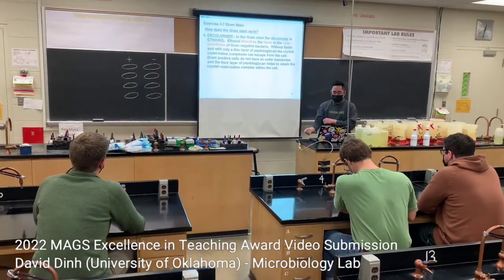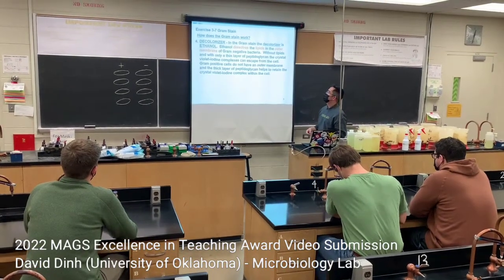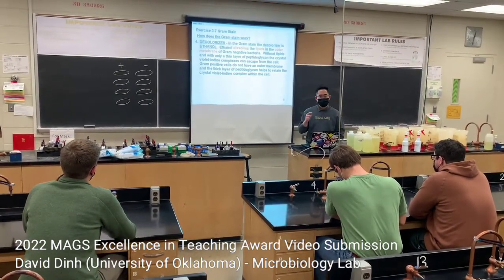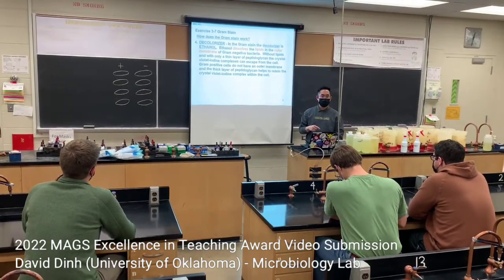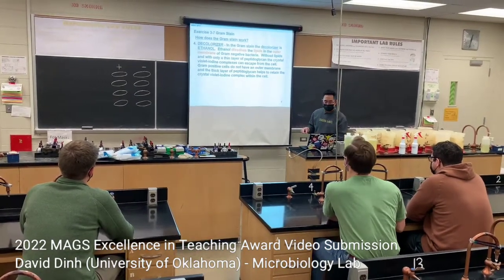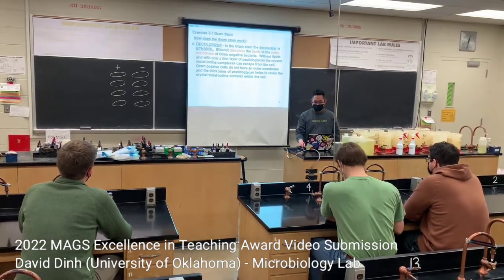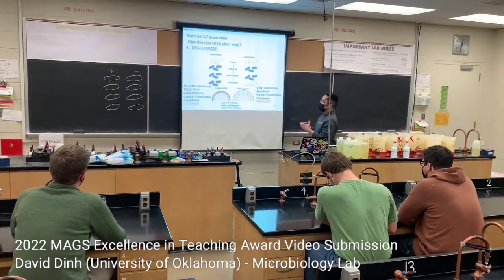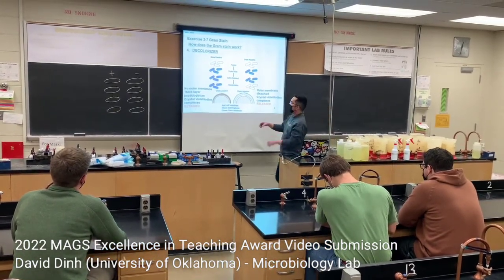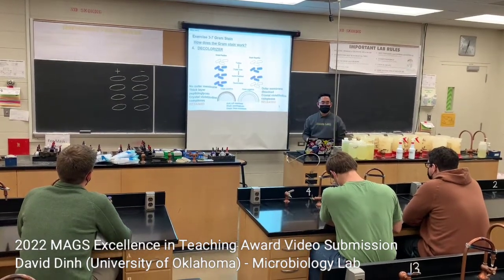Okay, the next step is the decolorizer. We use ethanol to dissolve the lipids in the outer membrane of gram negative bacteria. Remember that diagram, gram negative bacteria have an outer membrane. So the ethanol will dissolve that away. And so what we will see on the slide under the microscope is that the gram positive will still be purple and the gram negative will be transparent again.